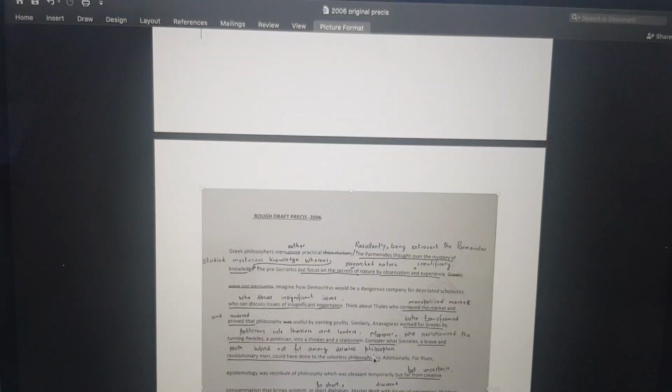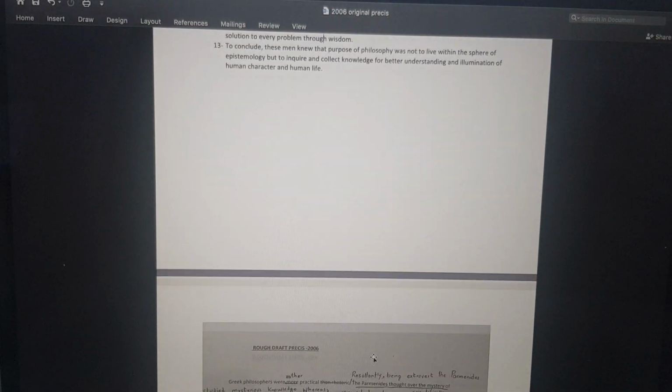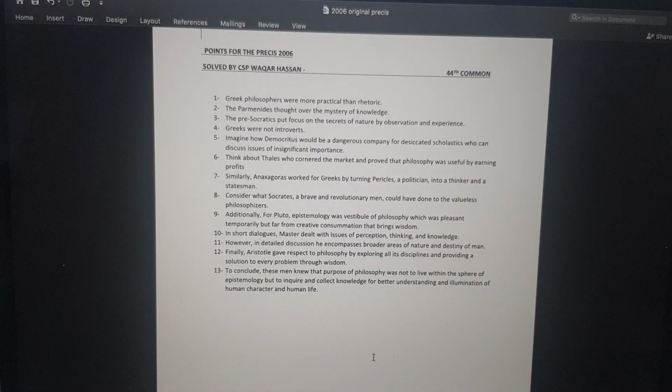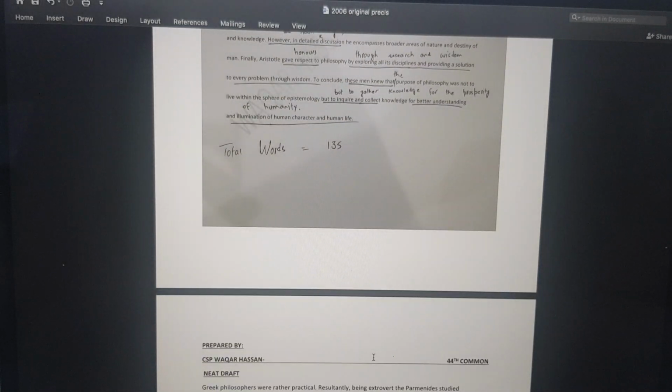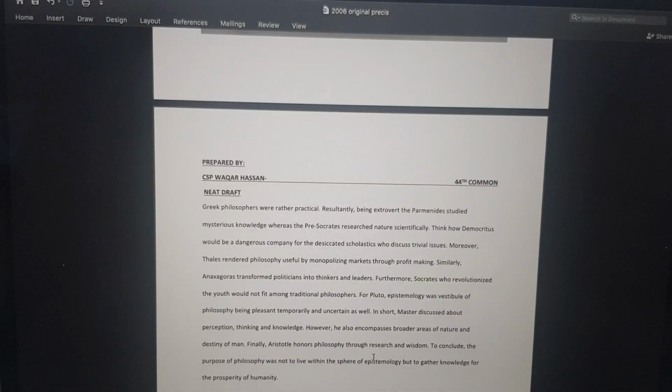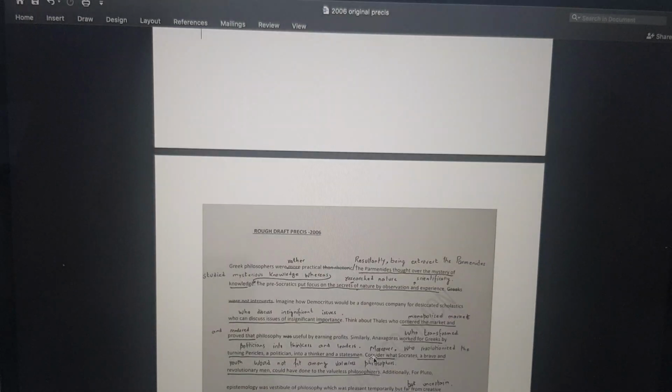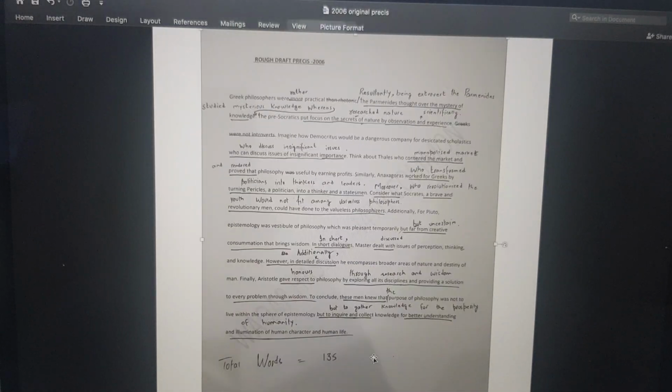For example, we have written these points for the précis, and from these points we will write a single paragraph, and we call it the rough draft.